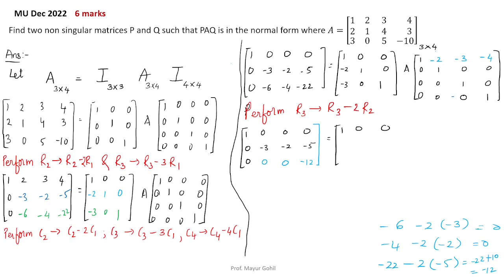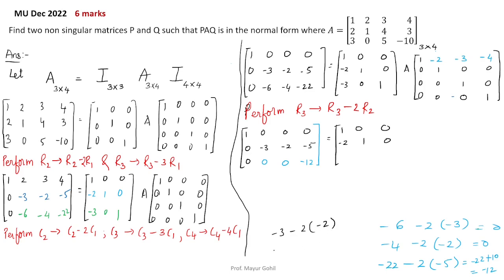1 0 0. Now third row minus 2 times the second row. Okay, so the second row remains unchanged. I'll do the calculation for the third row. So it is minus 3 minus 2 times the second row, so minus 2.